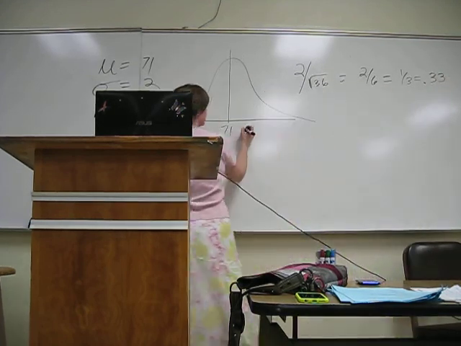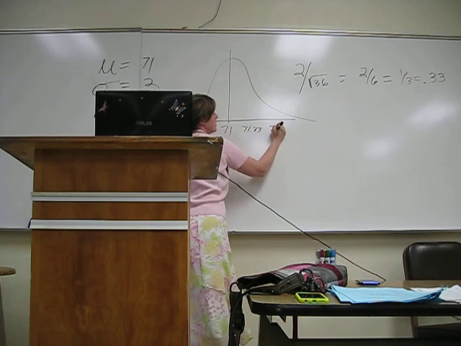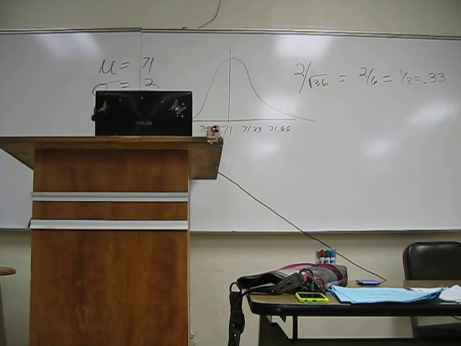So I can now write the numbers down here, right? 71.33, 71.66, 70.67, 70.34. I'm just adding one standard error, 2 standard errors, right?